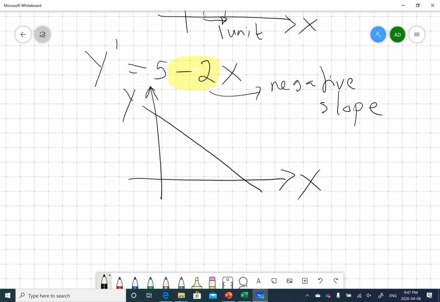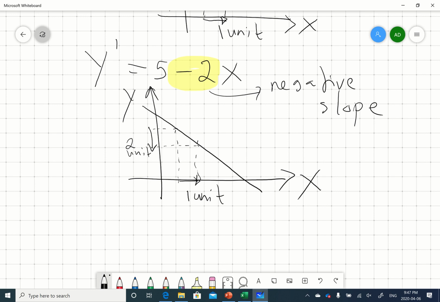When you increase your x variable by 1 unit, your y variable decreases by 2 units.